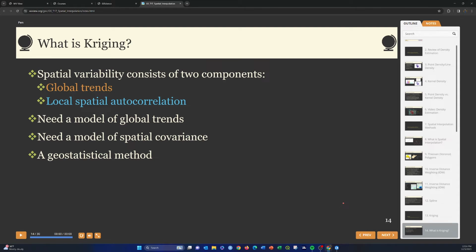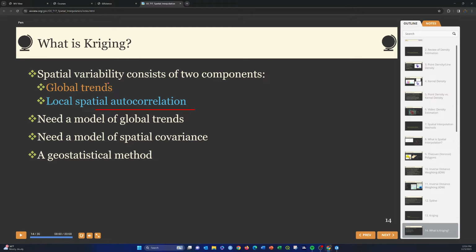So Kriging has basically two general components. In order to make an estimate at a new location, you're going to model a general global trend by using the existing data points. Then you're going to try to improve that model at the local level by incorporating spatial autocorrelation.